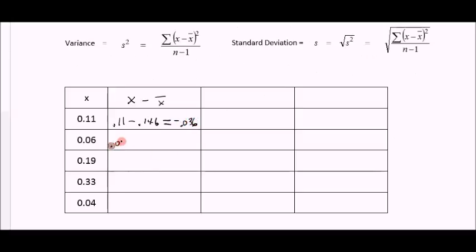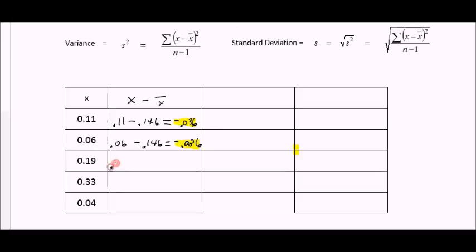And we do that for this one, 0.06 minus 0.146, and that one turns out to be a negative 0.086. Now, these are the values I'm interested in, the x minus x bar values.